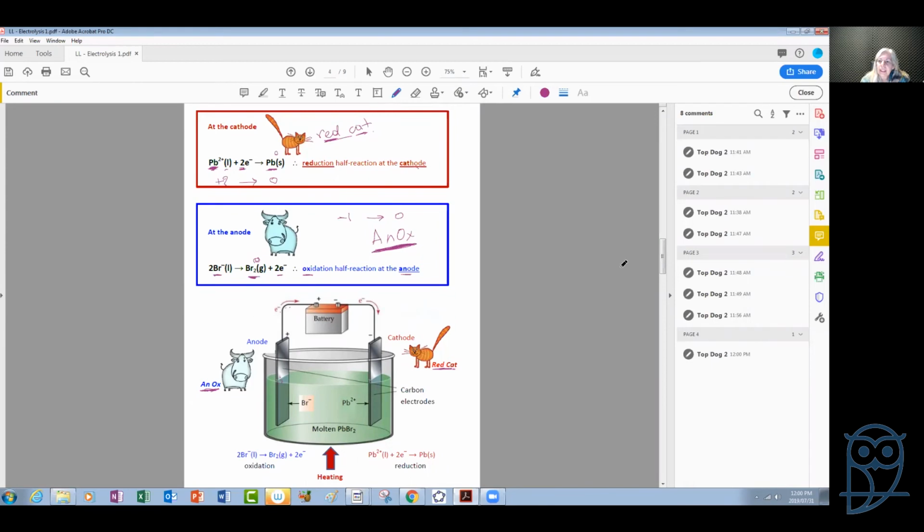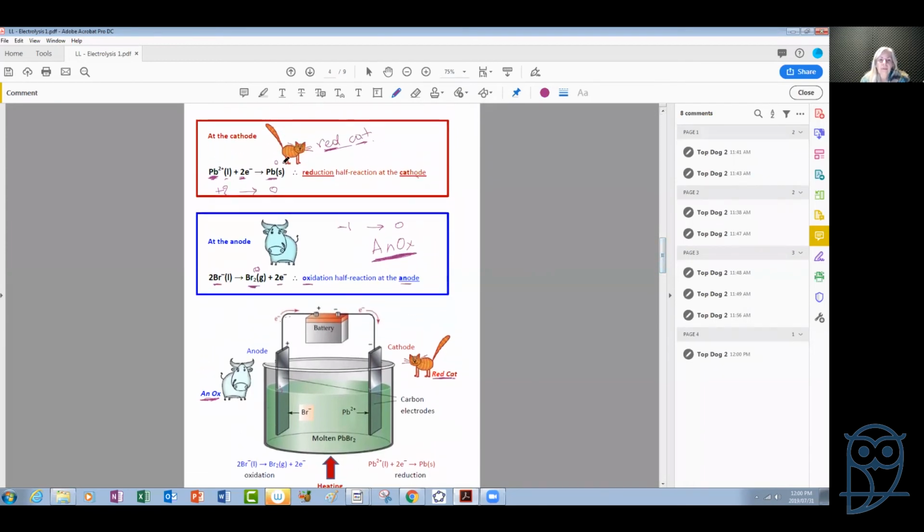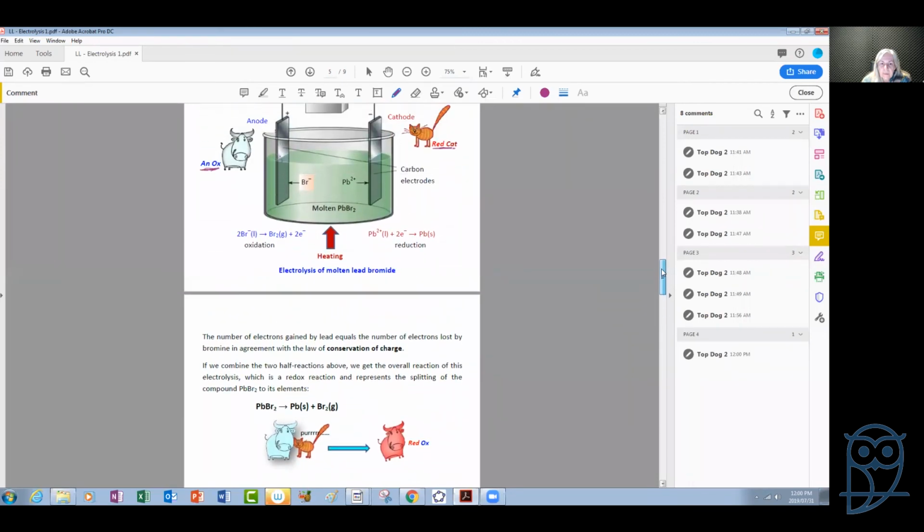If we put these two half reactions together, half at the anode and half at the cathode, the lead ions and the bromide ions combine and give solid lead and bromine gas.